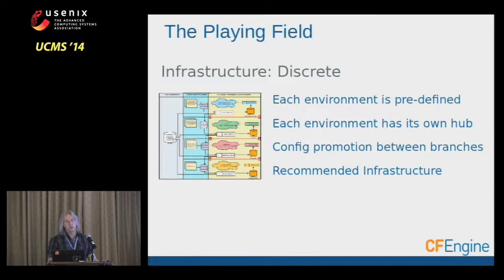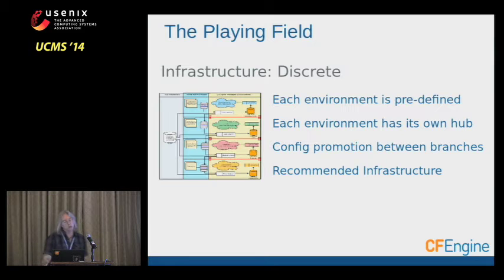So just by virtue of sitting in its own space, it makes things a lot easier, especially when it comes to promotion of code. The second piece is that each environment has its own hub, which also really helps out greatly in the distribution of your configuration management files, your policies, what you're pushing out there.